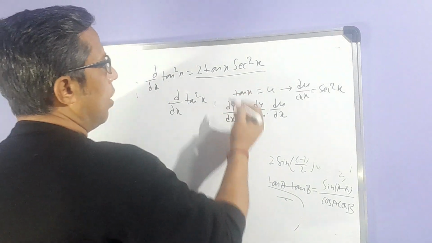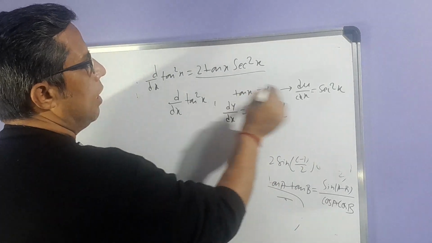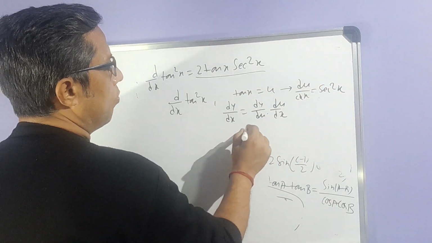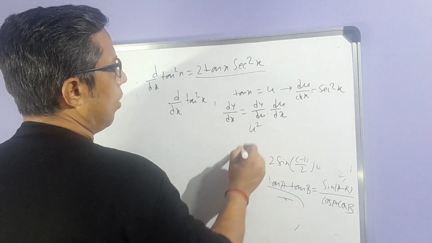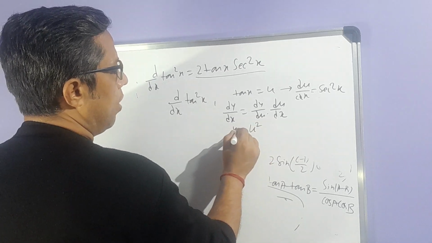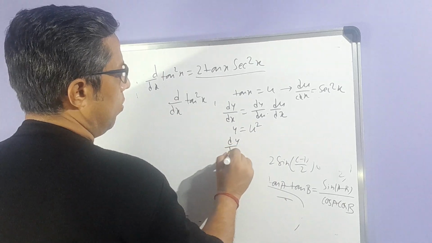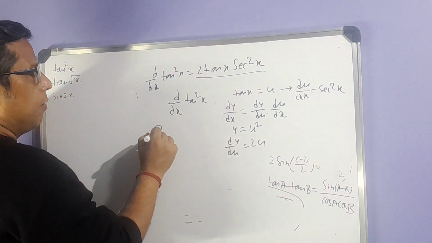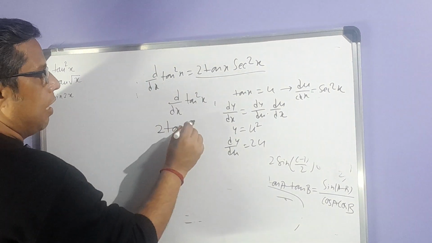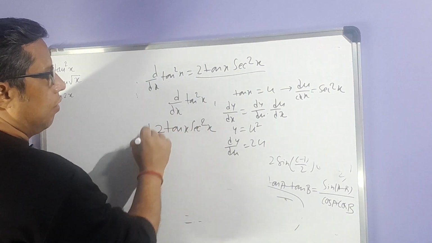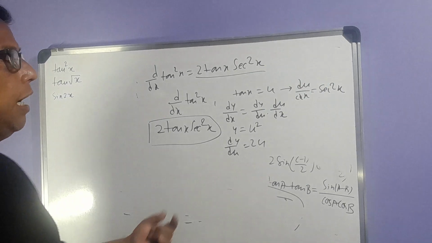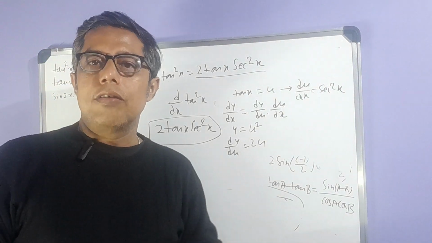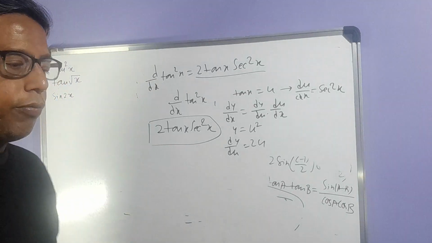So from here also we are getting that d dx of tan x is sec square x. And if it is u square, let's say y is equal to u square, so dy du is equal to 2u. So with this we are getting the same answer, 2 tan x sec square x. So we can validate our answer by using direct derivative methods. Okay, so this is the trick we can follow.